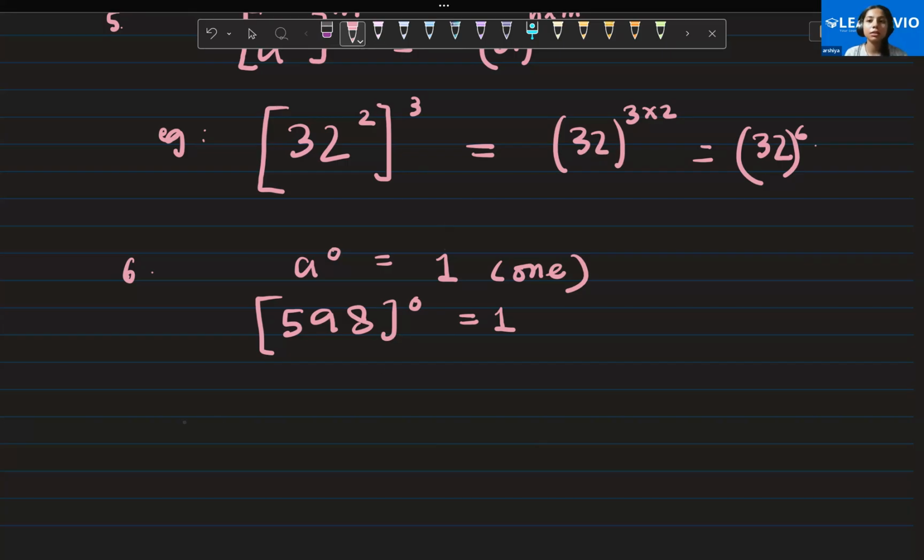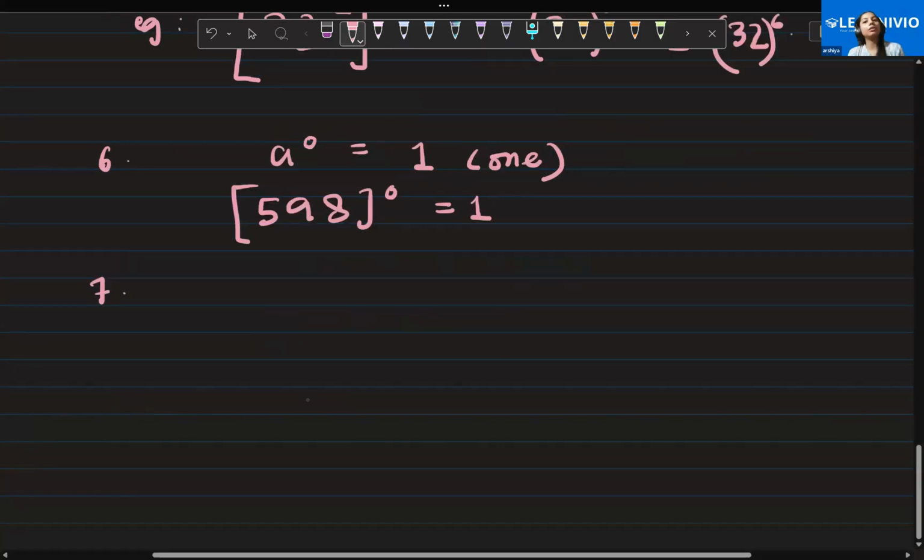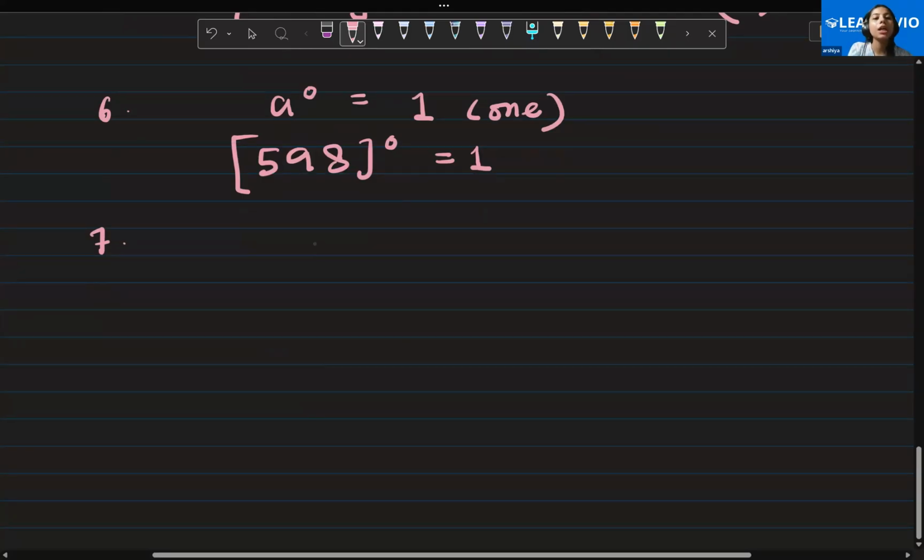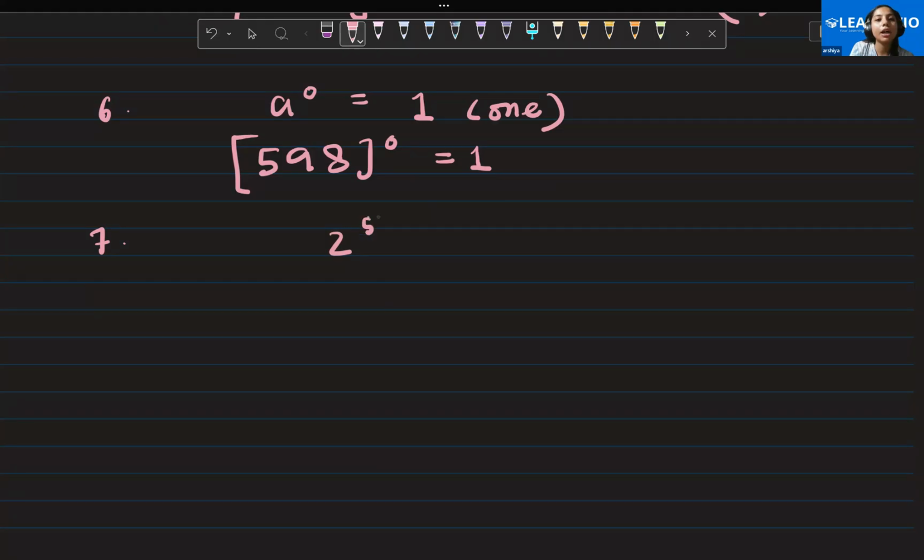Done. Yes. Okay. Now the last law of exponent is what you said: what if we are subtracting a bigger number from a smaller number? I'll just straight up give the example first, then I'll write the law, so that it's not confusing. Let's say I have 2 raised to the power of 5 upon 2 raised to the power of 10.